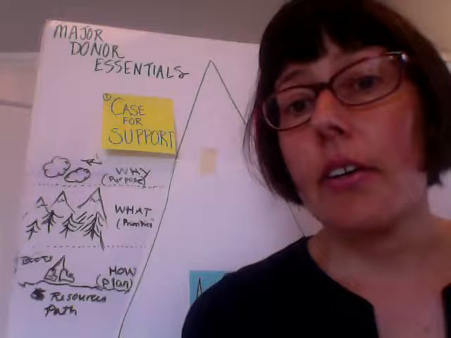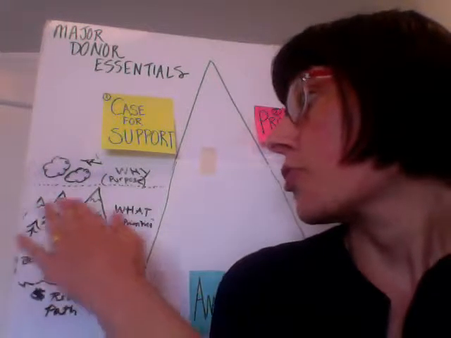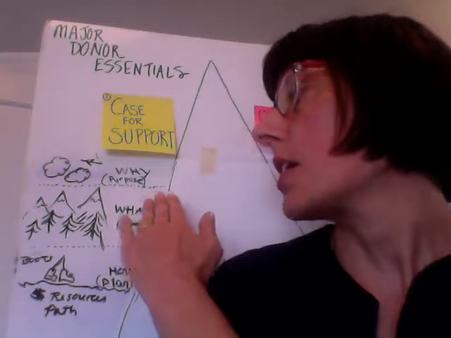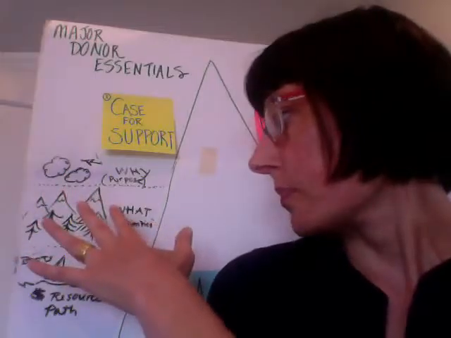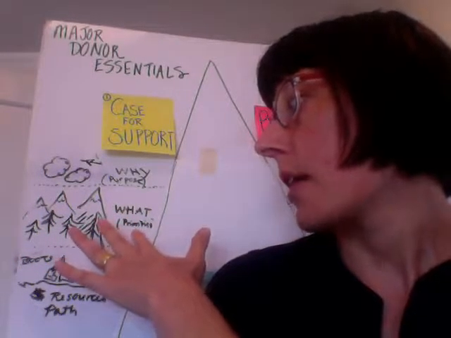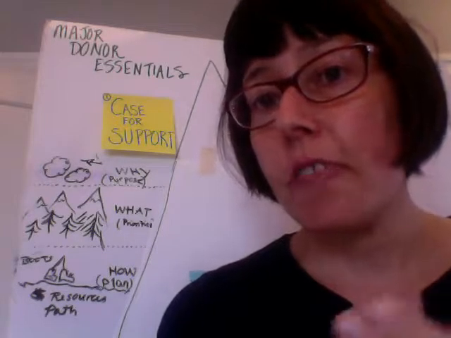The second layer is really, you're talking about what. It's at the what level, it's at the treetop level, it's at the mountain level, and it's really focused on your priorities. What is the means by which you achieve your vision?